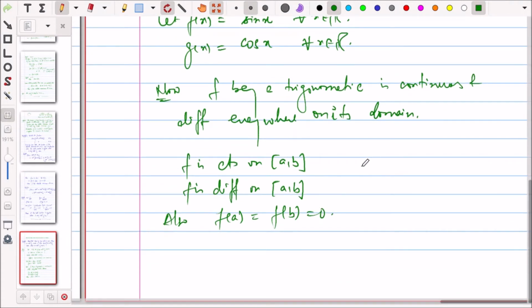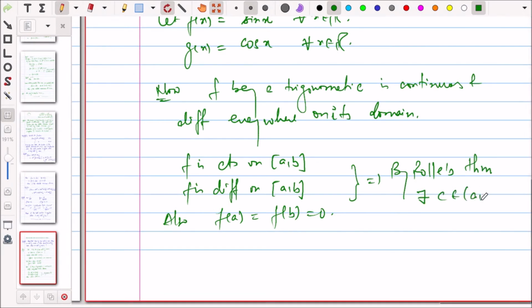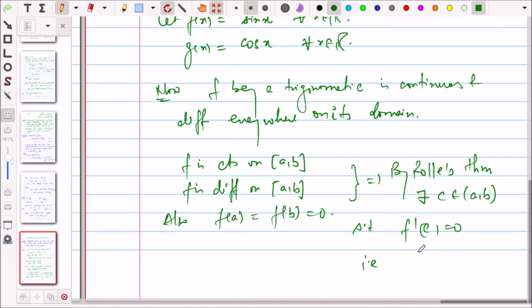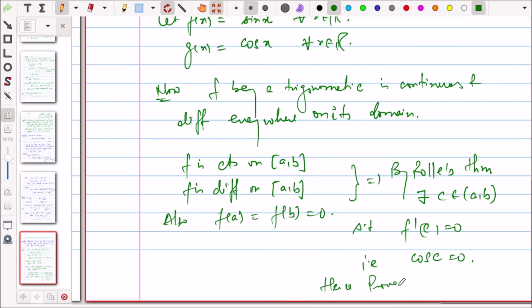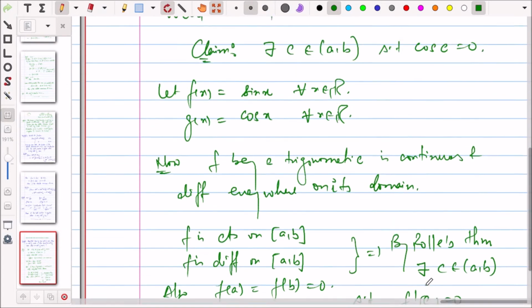So by Rolle's theorem, there exists c belonging to (a, b) such that f dash c is equal to 0. That is, f dash c क्या हो जाएगा? cos c is equal to 0. ठीक है? So hence cos has a root lying between a and b. Hence proved.